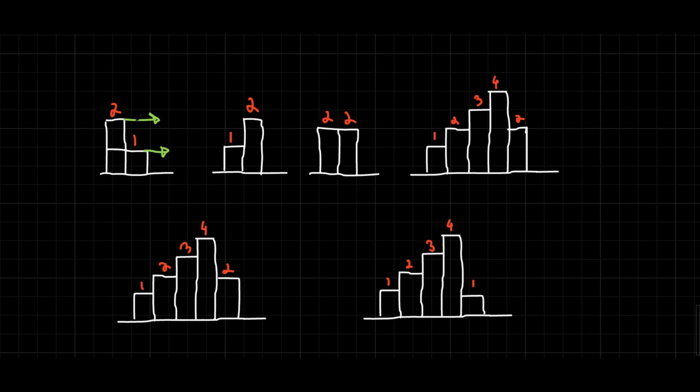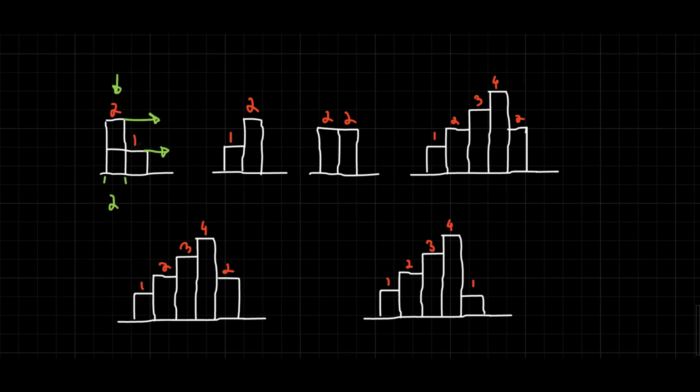Here, the basic intuition is, suppose for this bar 2, as we cannot move in the right direction because we don't have any supporting bar here, the area this bar 2 can make is within this range, which is 2 multiplied by 1, so the area is 2.